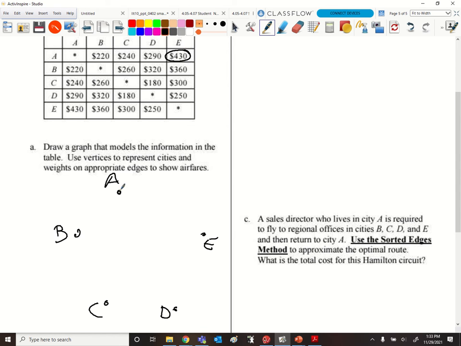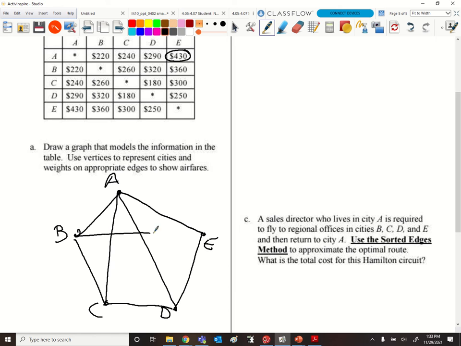So A to E, draw that line, and put in the value. You're going to do the same thing for all of them. So when you're done, it's going to look a lot like this. And you're going to enter the values. I'm going to make a bigger one here in a moment, but I want you to go through and fill these all out right now.